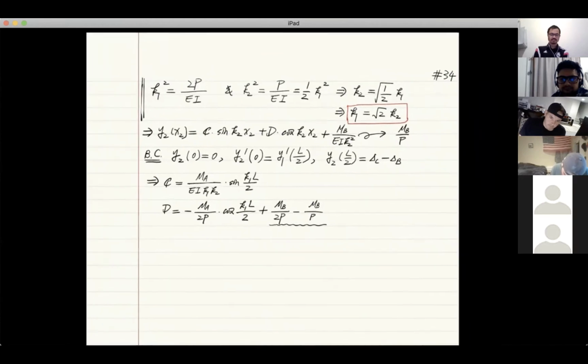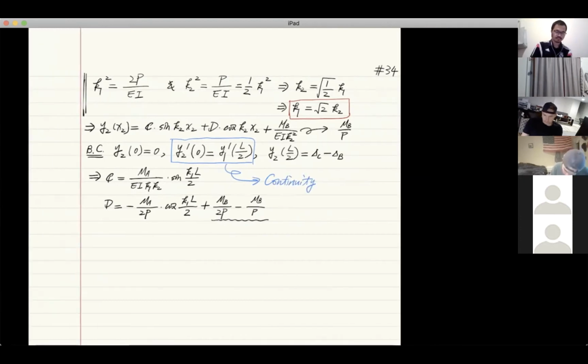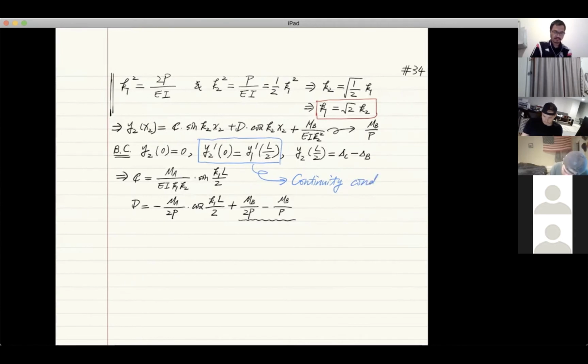And one more thing, this kind of condition is what we call continuity condition, which we will further explore in other examples in the future.